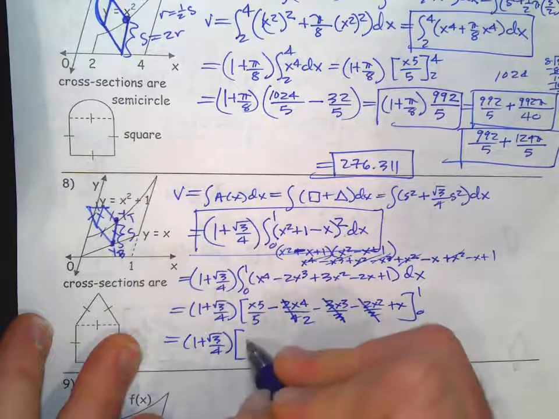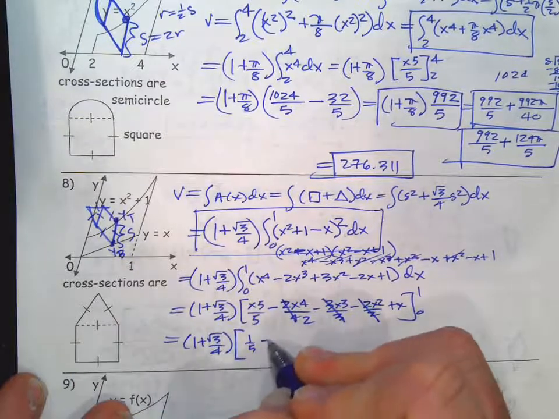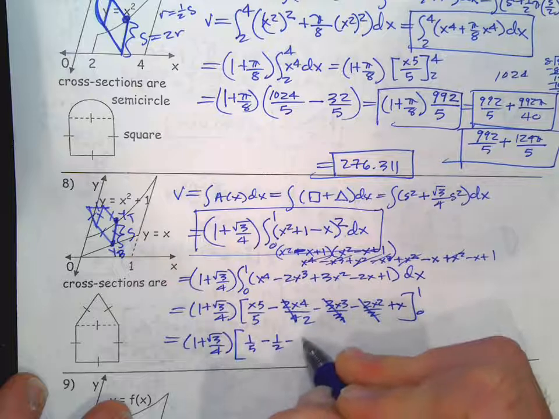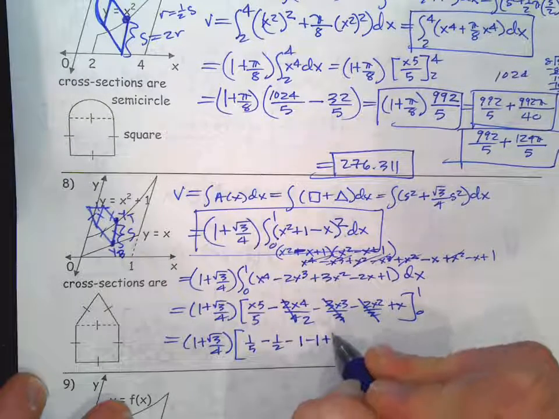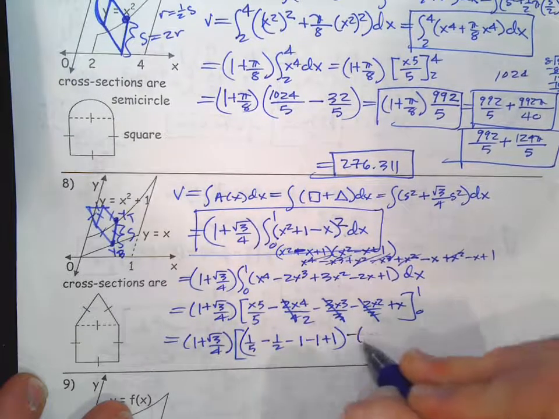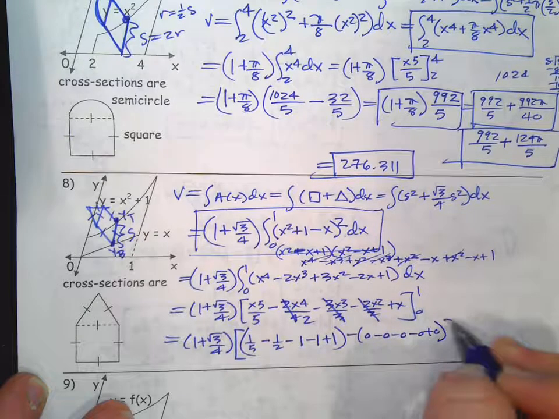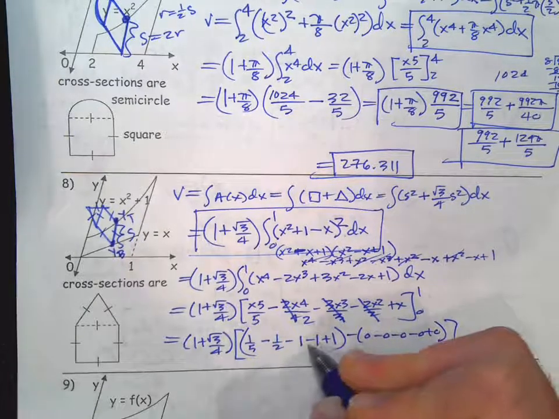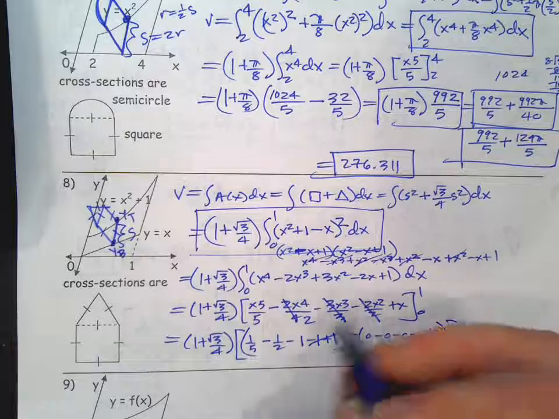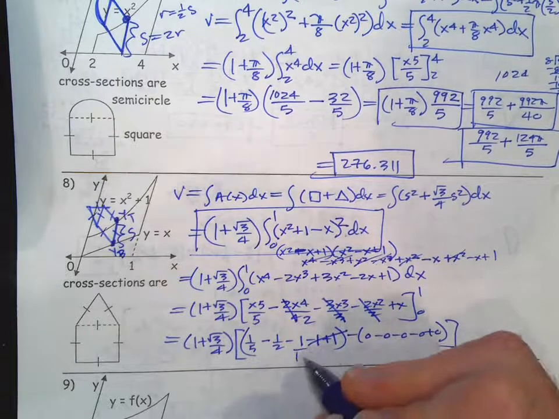So we plug 1 in, you get 1/5 minus 1/2 minus 1 minus 1 plus 1. Plug 0 in, you get 0 minus 0 minus 0 minus 0 plus 0. So 2 of those cancel out. Least common denominator would be 10.